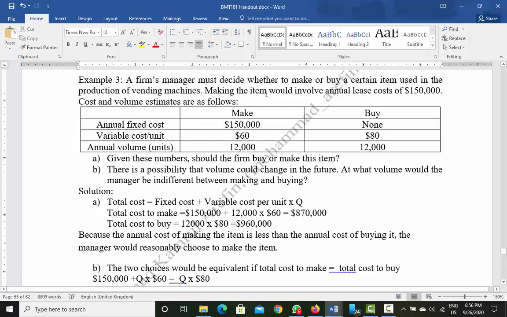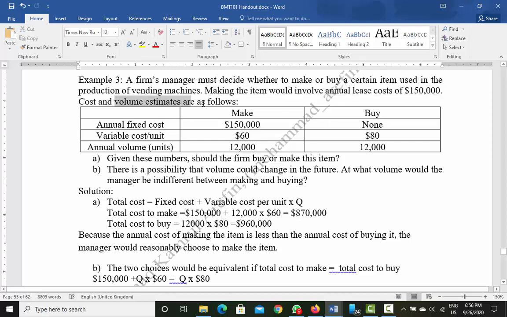So making the item would involve an annual lease cost of $150,000. So if they make the parts or the equipment of the vending machine, it will require an annual lease cost of $150,000.